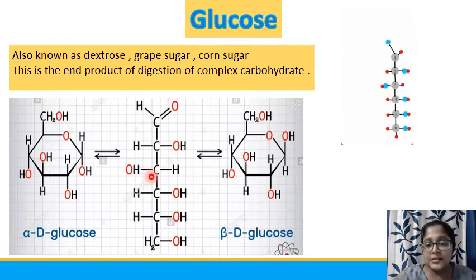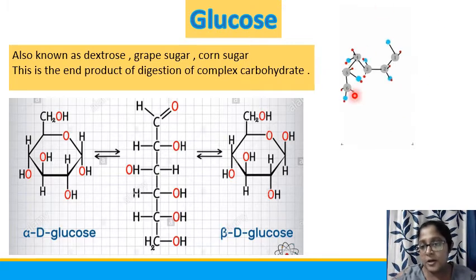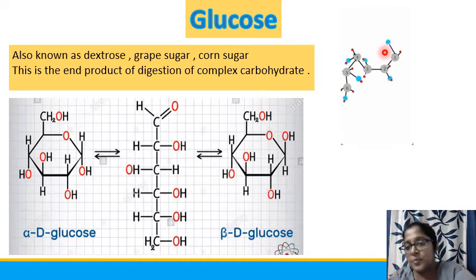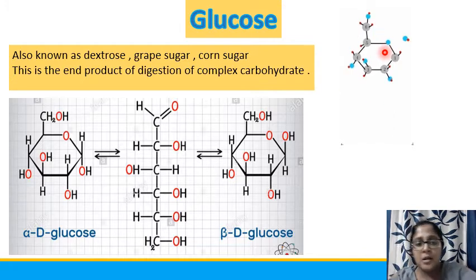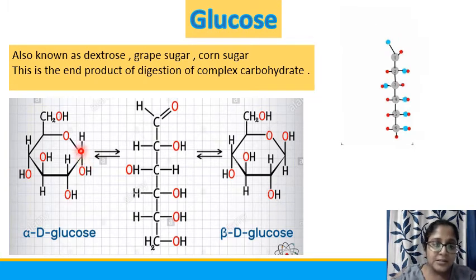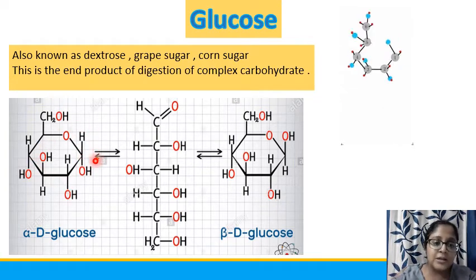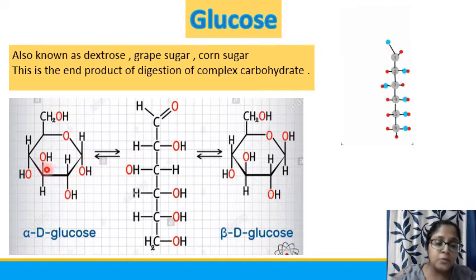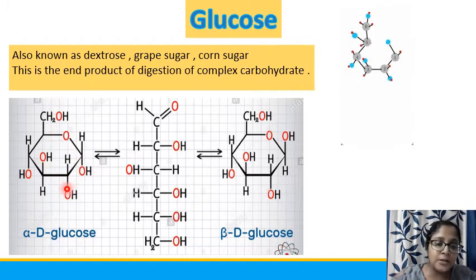Now as you can see over here in this picture, the straight chain structure is transferred into a ring structure just by connecting the last end to the first end. By this we are getting the same structure in a ring position. Over here also, if you calculate, there are 6 carbons: 1, 2, 3, 4, 5, and 6.